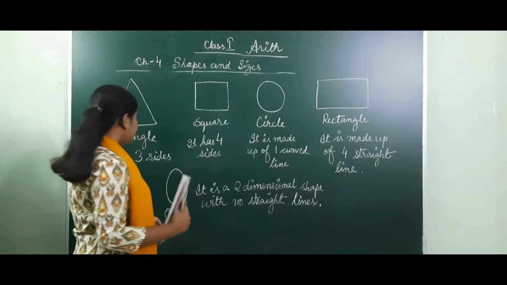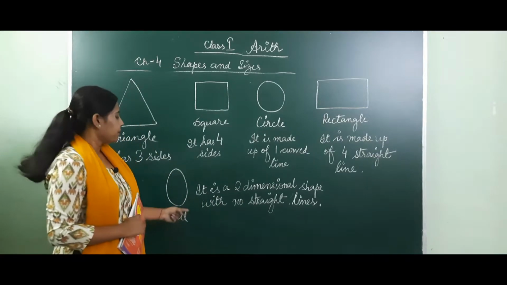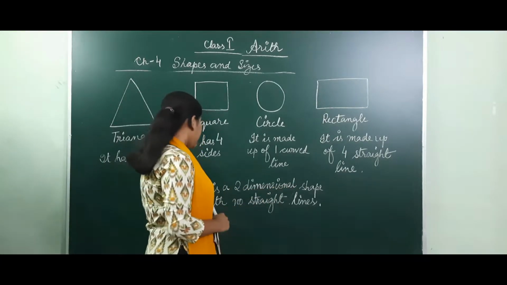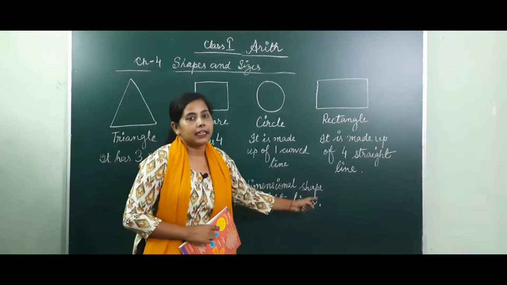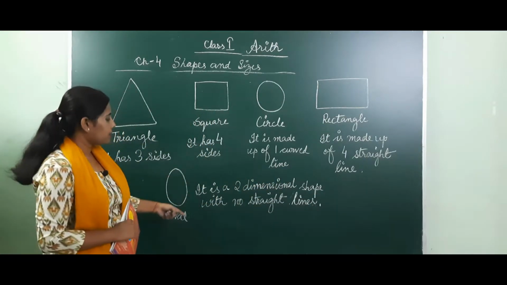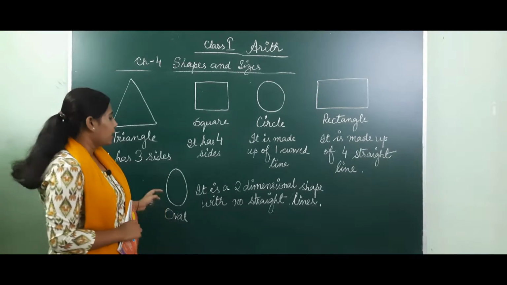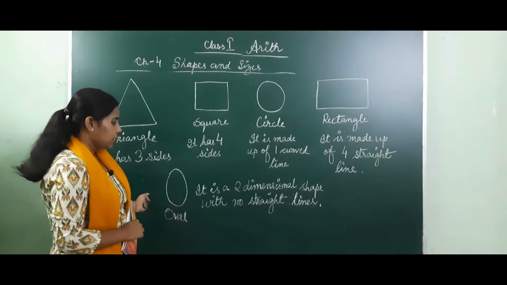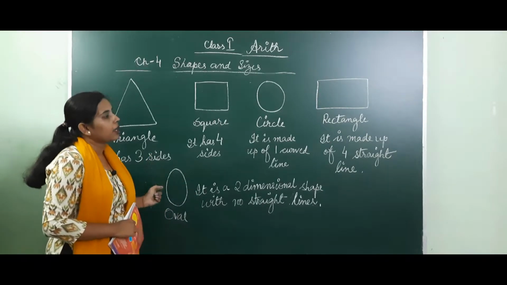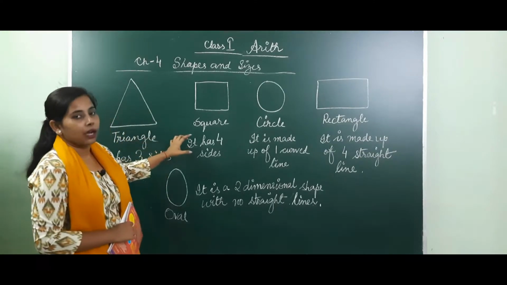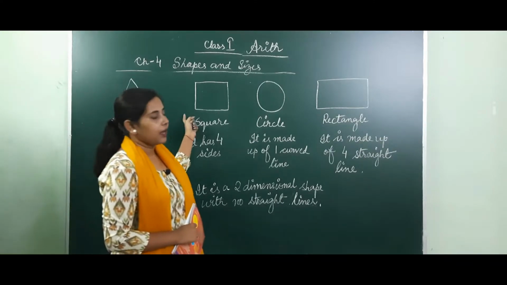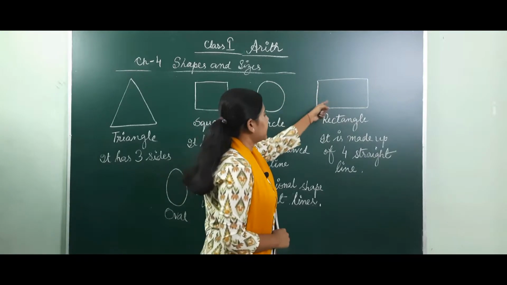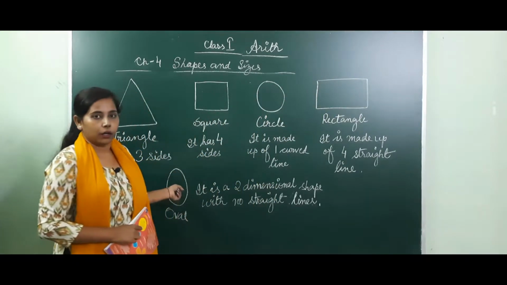And the last one you see is oval. It is a 2-dimensional shape with no straight line. You cannot see any straight line drawn here. So these are the basic ones: triangle, square, circle, rectangle, oval.